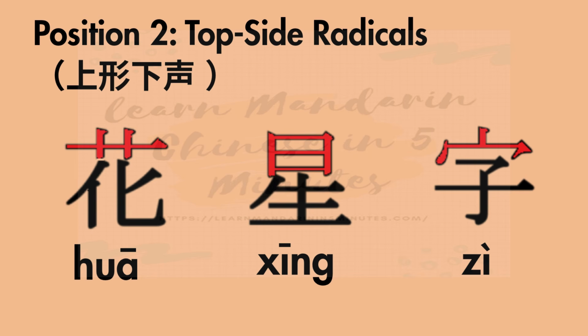So when you see something sitting above the rest of the character, chances are it is the radical giving you the meaning, while what's underneath tells you the sound or complements the idea.